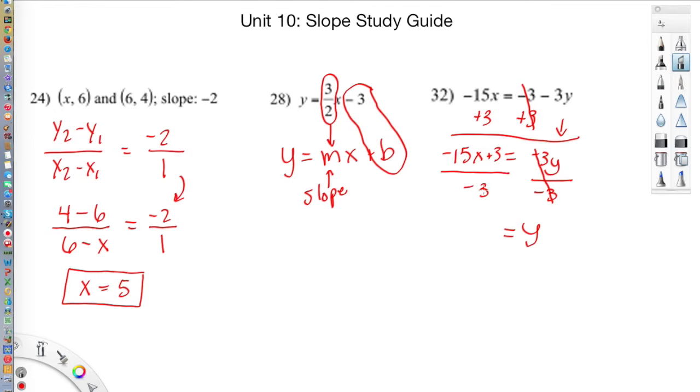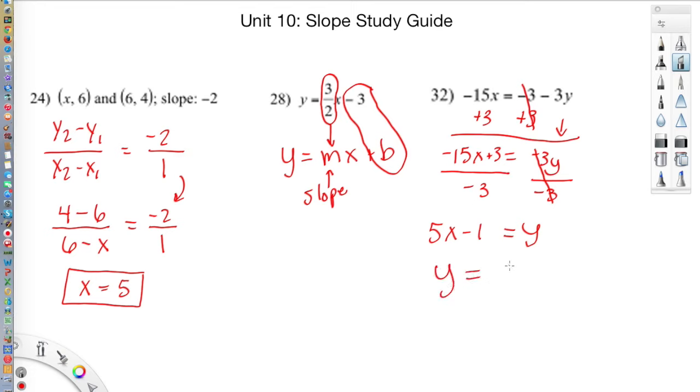And I have to do this distributively. I need to divide both terms by a negative 3. A negative 15 divided by a negative 3 is going to be a positive 5x. And then a positive 3 divided by a negative 3 is going to be a negative 1. And let's just do one last step.